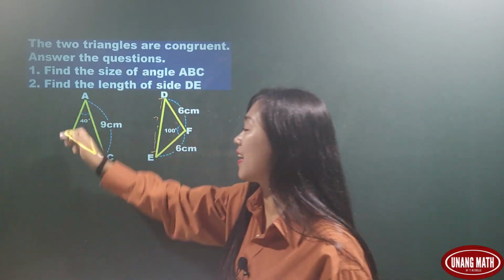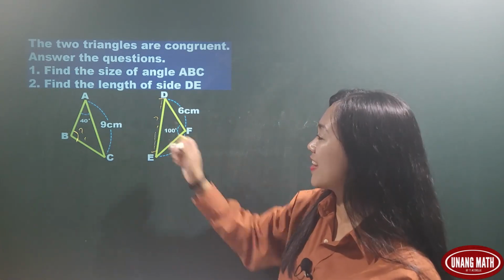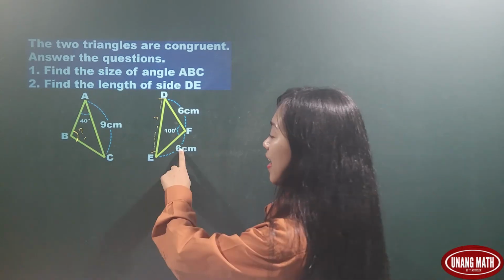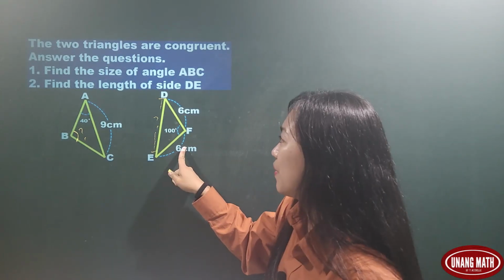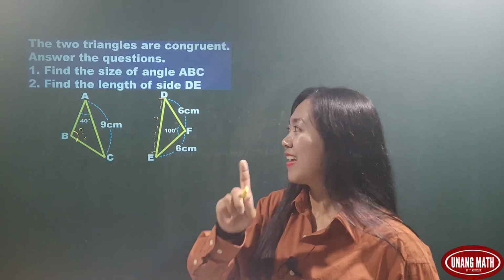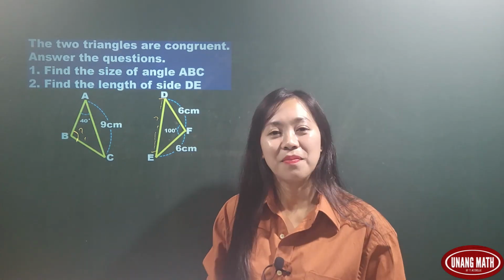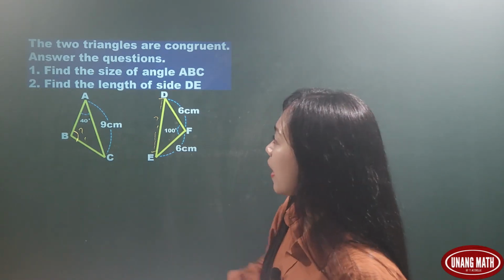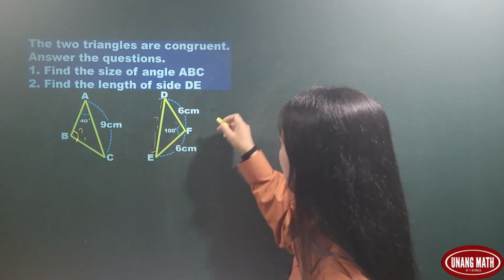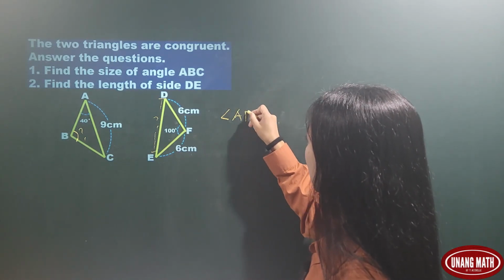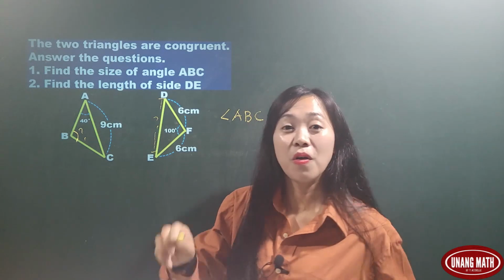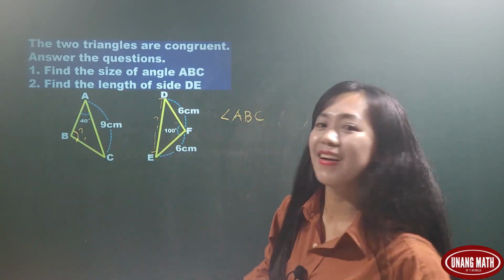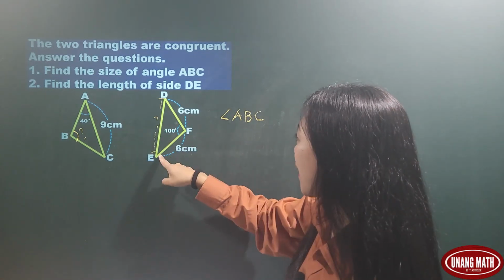Okay, kung titignan natin ang mga figures or ang mga triangles na nandirito, ang triangle na ito ay mirror image ng triangle na ito. So, since these are congruent, ibig sabihin ang mga sides, ang mga angles ay of the same size and length. Okay, let's see. Ang angle ABC, corresponds or ang katumbas ng angle ABC sa triangle na ito ay ang angle DFE.